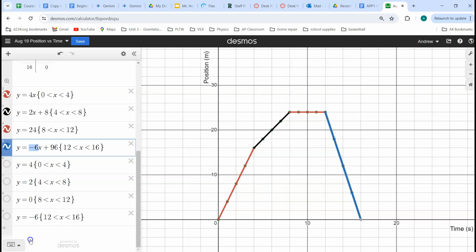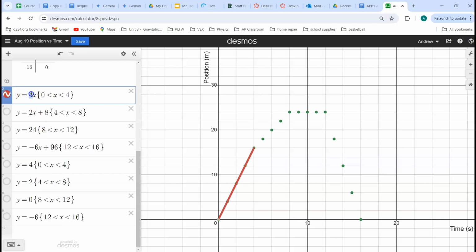Now, let's say we want to graph the velocity of this event that happened for 16 seconds. Well, let's just look at it one section at a time. In this first section, the position was changing at a rate of 4 meters per second.